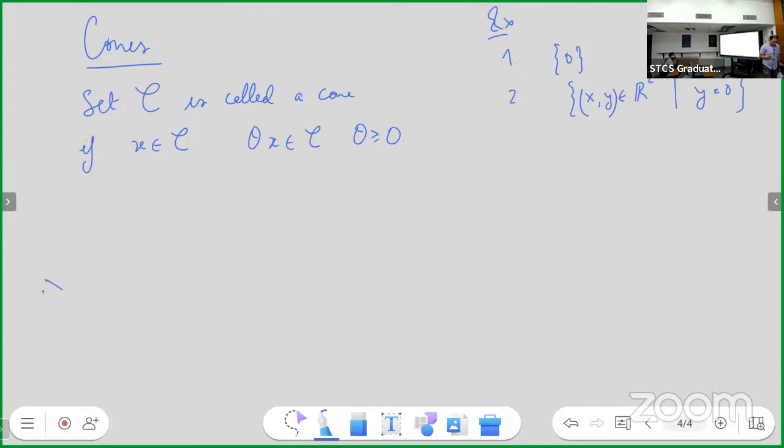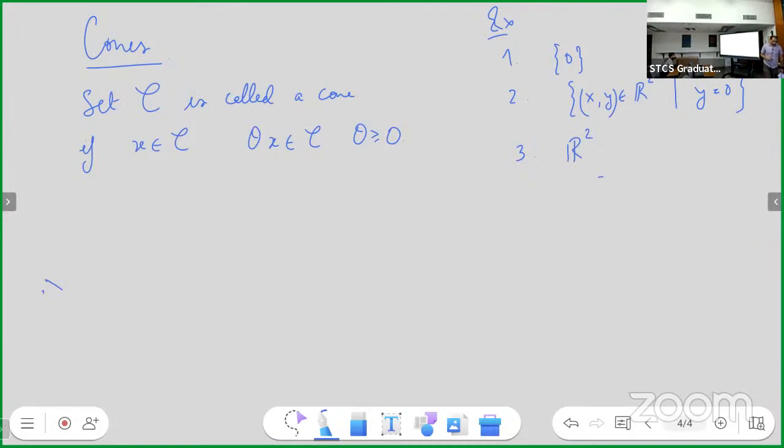Similarly, you can switch it around. Next one. That is rotation on this line. So take two lines and take the convex combination of them.